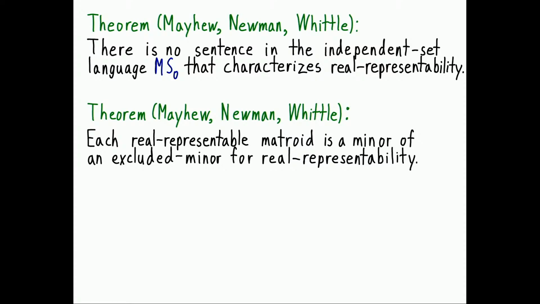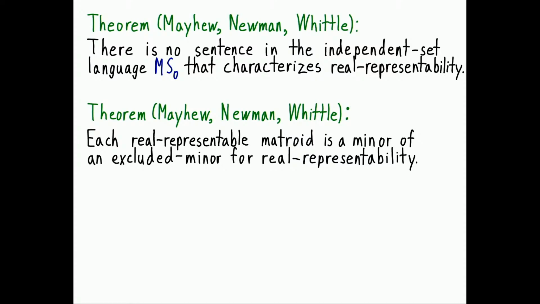So every real representable matroid is contained in some minimal obstruction. And this is very bad, because instead of giving the minimal obstructions to a class, you might as well have just given the class in the first place.